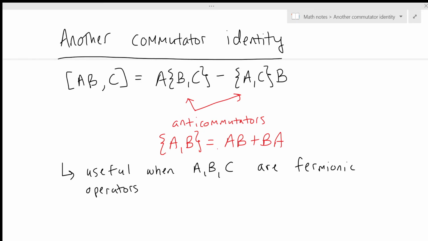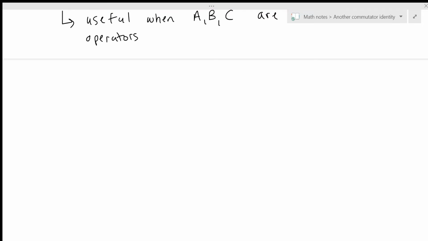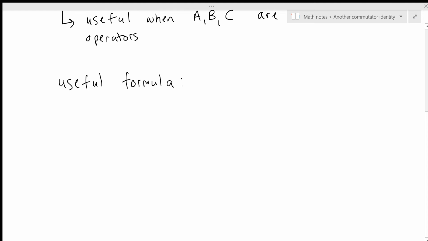Okay, so now I'm going to show you how to derive this identity. And to do it, we'll use a useful formula that allows us to write A times B in terms of the anti-commutator of A and B. So this useful formula goes like this.